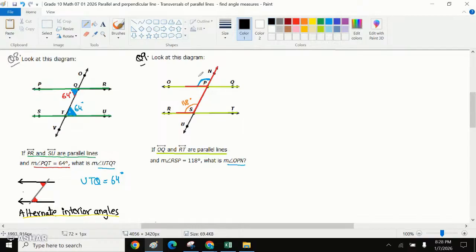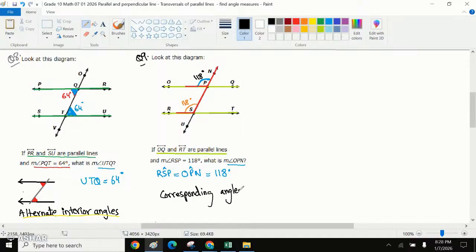Then if this angle is 118, then this angle should always be 118. And what is the name given to these two angles? We know that whenever we have an F formation, before doing that, we write RSP equals OPN, and they both were 118 degrees, and they were known as corresponding angles, right?